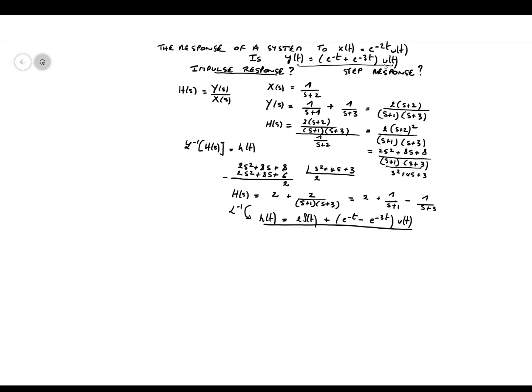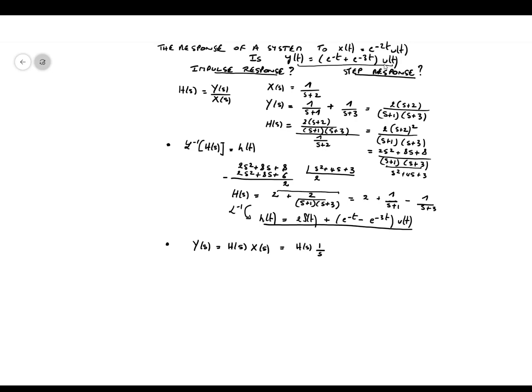and now what we can do is kind of compute the step response. Okay, so we have already decomposed things, so we can use this here, right? So we'll have that y of s is h of s times x of s, that is h of s multiplied by 1 over s, because we're considering now the step response.